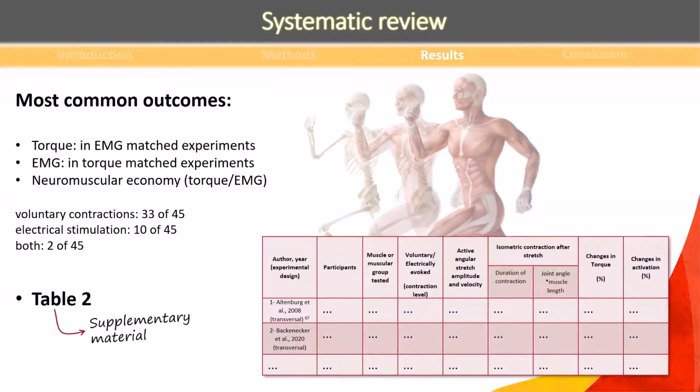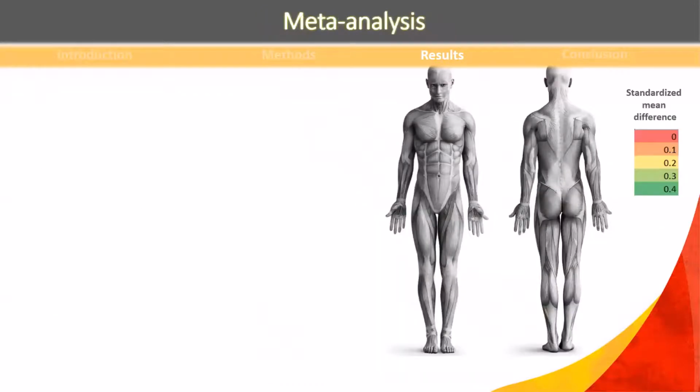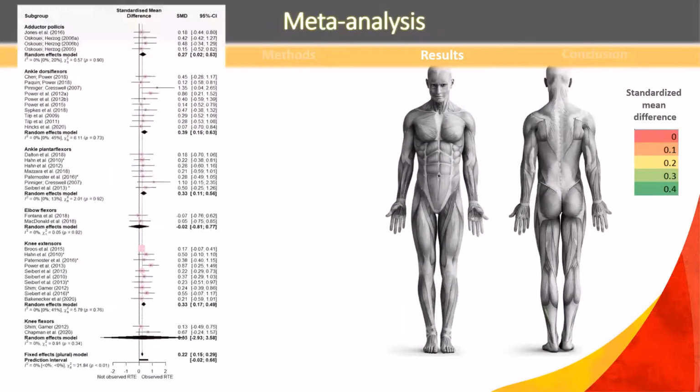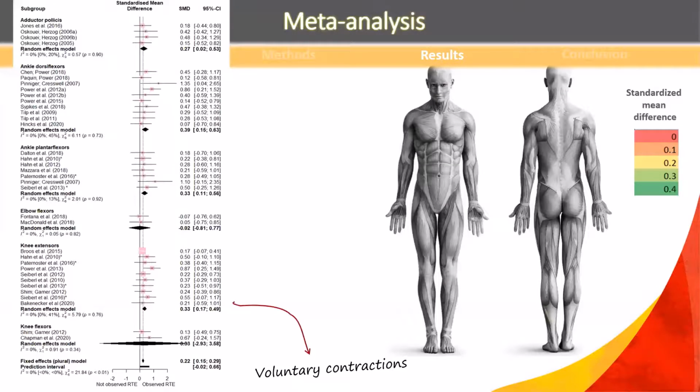Selected characteristics of the included studies and the observed percentage change in torque and EMG are described in Table 2, supplementary material to this manuscript. Torque enhancement was observed for voluntary contractions, but this effect was found to differ across muscles.